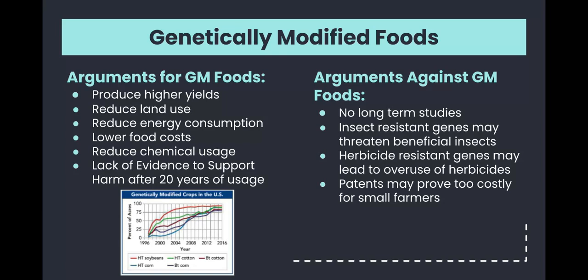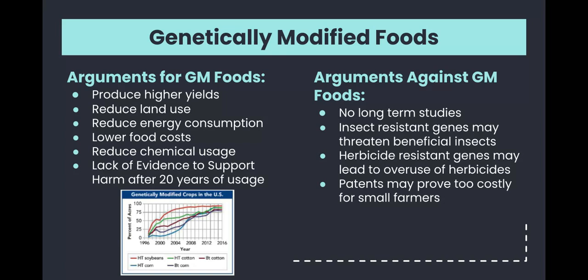We could possibly see insect resistant genes that could threaten beneficial insects. In other words, yeah, you've got a plant that's insect resistant, but now we can involve the beneficial insects, which are very much involved in their habitat, and we need them for our environment, or even with pollination and other things.